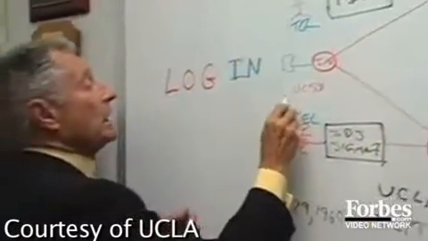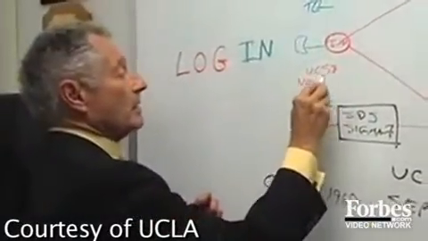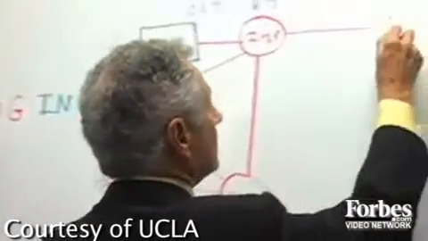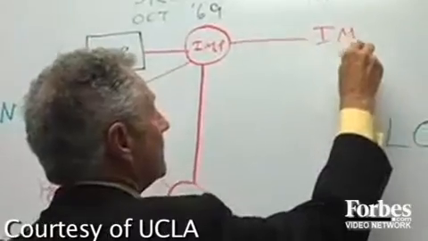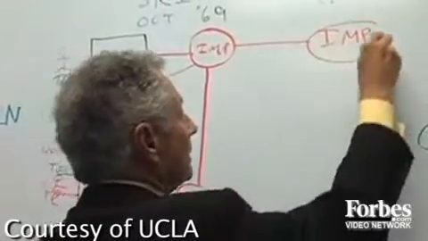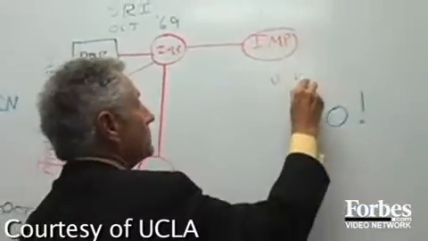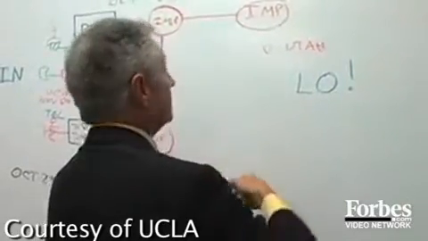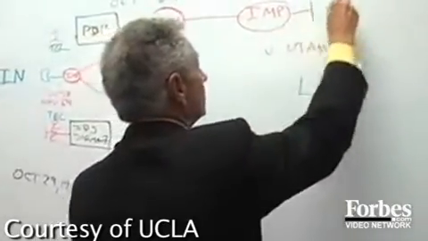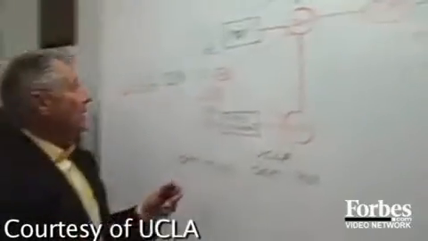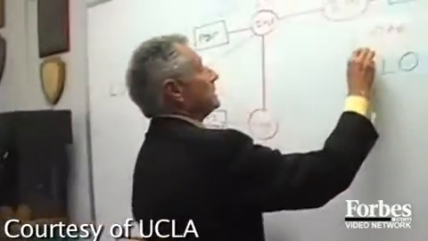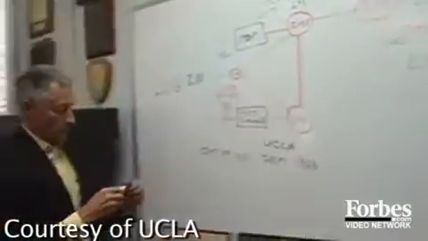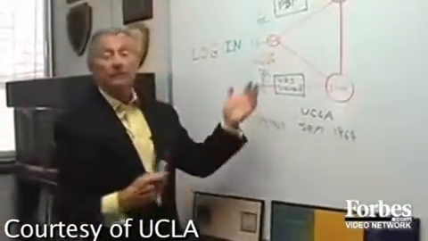And this was in November of 69. And a month after that, a fourth IMP was deployed at the University of Utah and they connected their host computer in. So this was December 69.